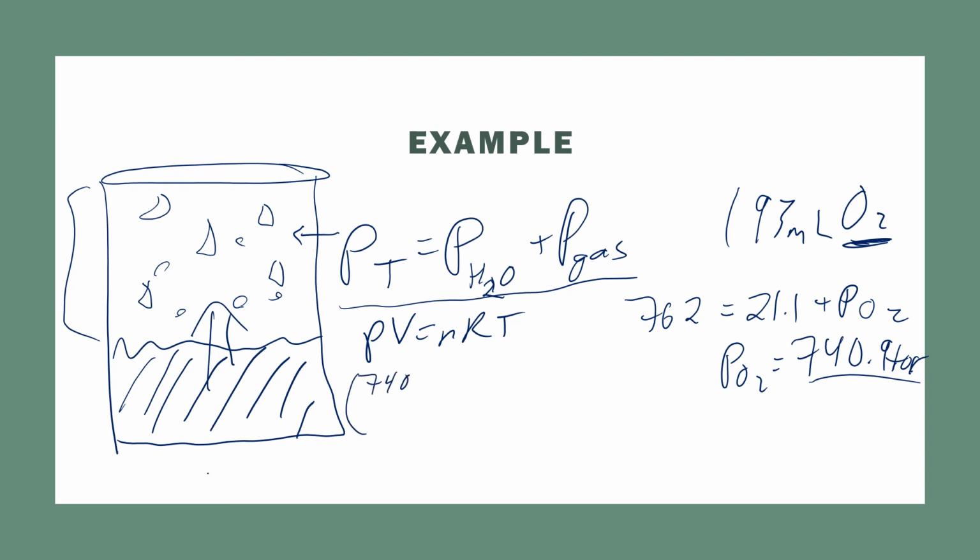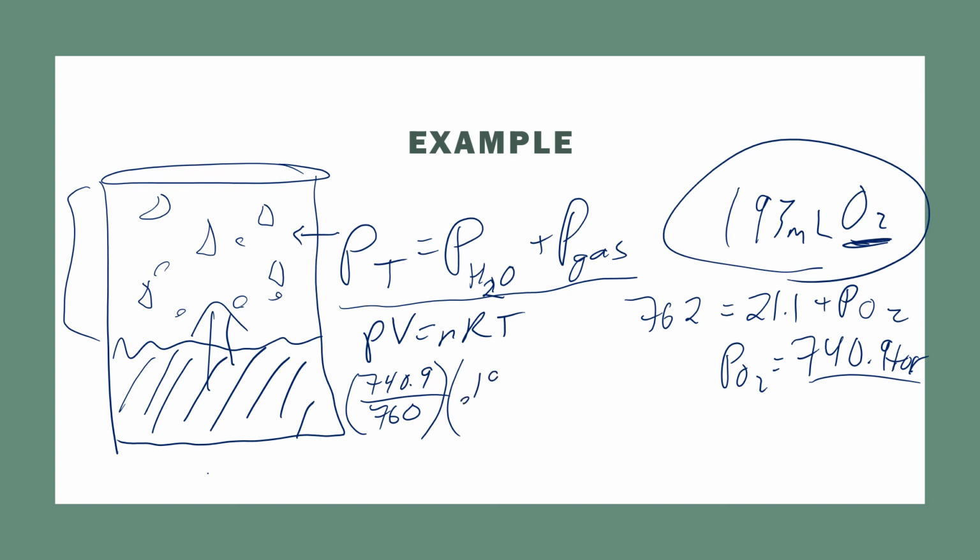So 740.9 torr, if you divide by 760, that will put that in atm. The volume must be in liters, so 0.193 liters. Moles is what we're looking for. 0.0821 is our constant. And the temperature that we had was 23 degrees Celsius. So we need to put that in Kelvin, which is 296 Kelvin.